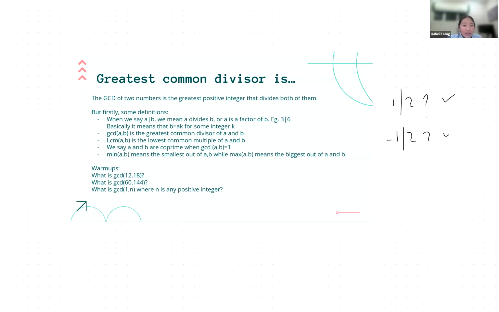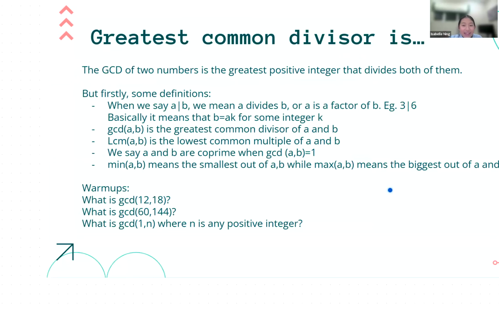Once we find the greatest common divisor, we denote it as GCD of A and B. I think that's kind of self-explanatory. We'll get used to it when we do some problems. And similarly for lowest common multiple, you also denote it like that.